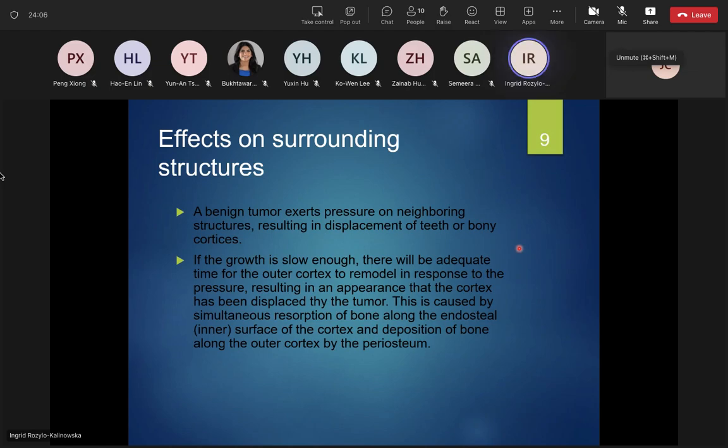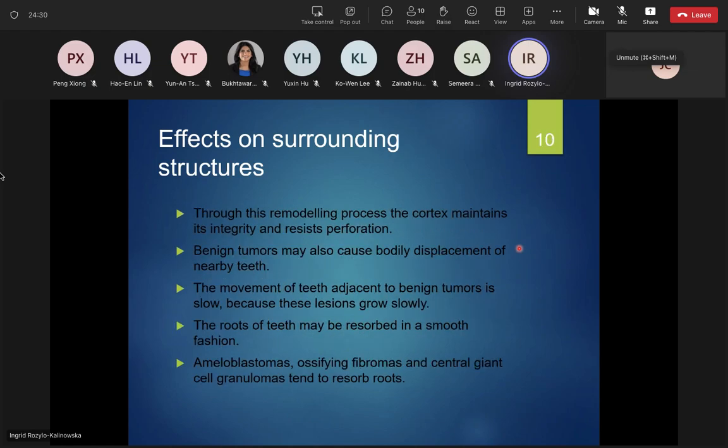This is achieved through simultaneous resorption of bone along the inner part of the tumor and deposition of bone on the outer cortex by the periosteum. So in benign tumors, this remodeling process means that the cortex is thinner than usual, but it maintains its integrity.